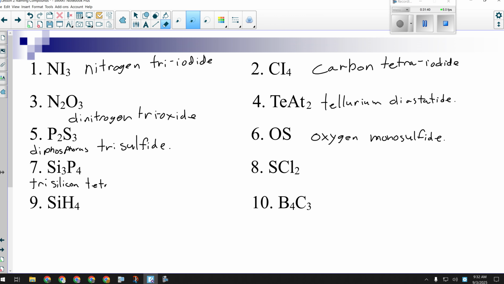Tetra. Trisilicon tetraphosphide. Remember, we're only changing the second one. In number 8, do I need a prefix on the sulfur? This is going to be sulfur. What prefix do I need on the chlorine? Dichloride.